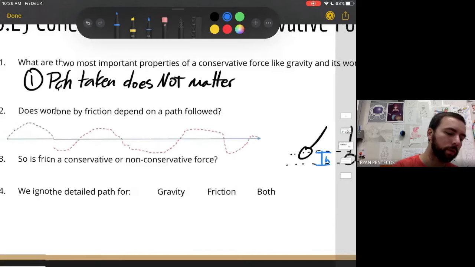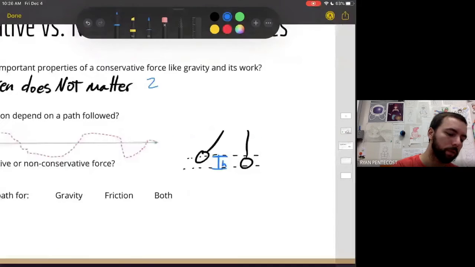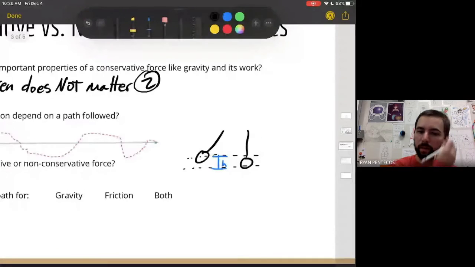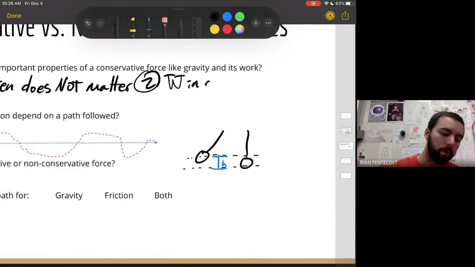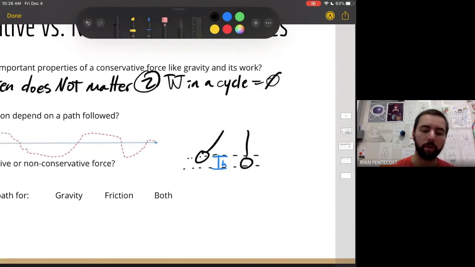Rule number two, let's use black again. Rule number two is that work for a cycle is zero. Work in a cycle is zero. And we talked about that, for example, with the wind turbines.